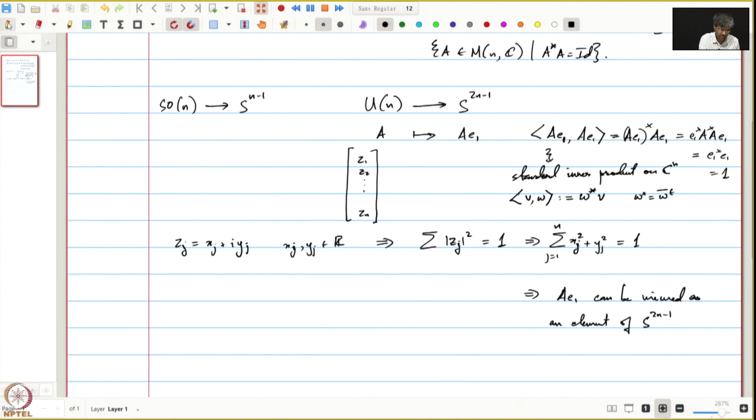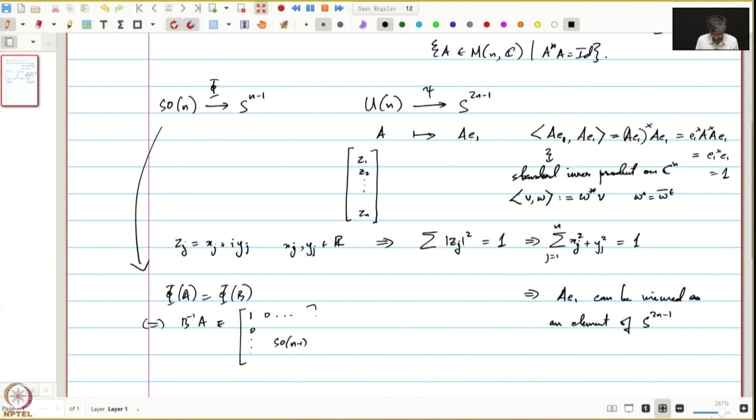Okay, let's call this map psi, and let's call this map phi. Over here we proved that phi of A is equal to phi of B if and only if B inverse A is a matrix of this type, something in S^(n-1).